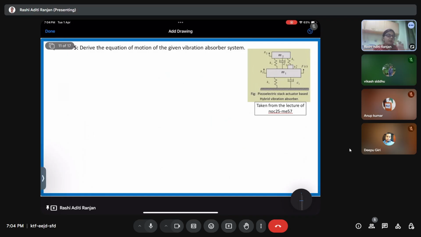Similarly, if I use a passive absorber, that is it. Zero is only going to happen if my forcing frequency is equal to the individual natural frequency of the absorber, right?